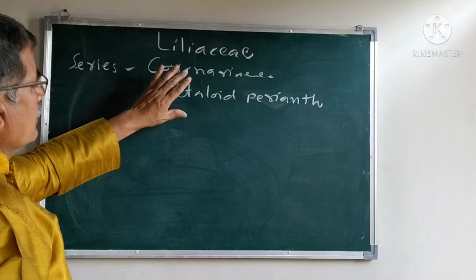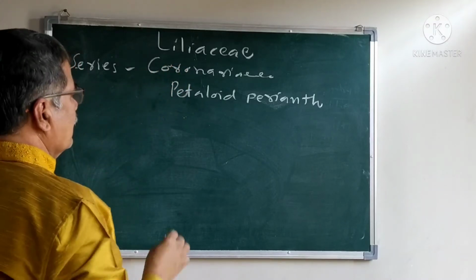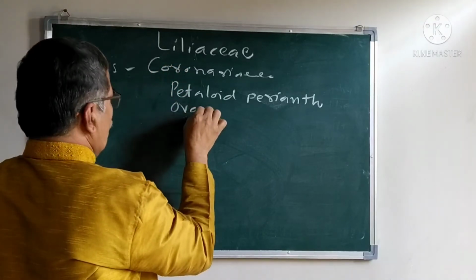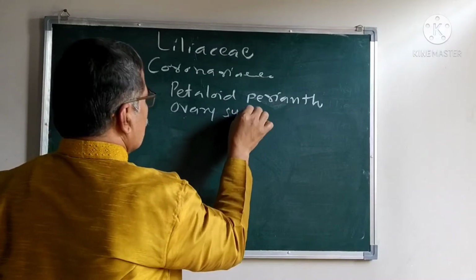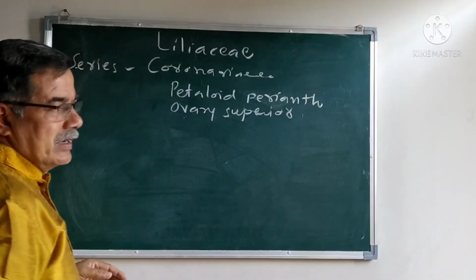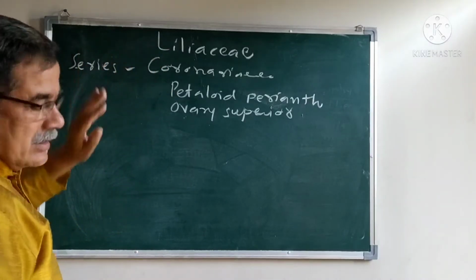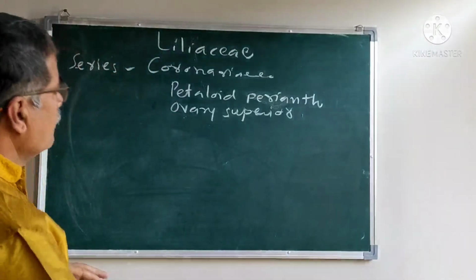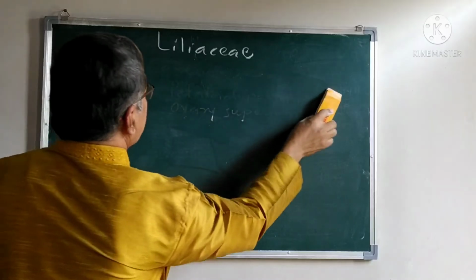Perianth is a colored petal, and the ovary is superior. Ovary is superior. These are the characters of the series and the family Liliaceae.